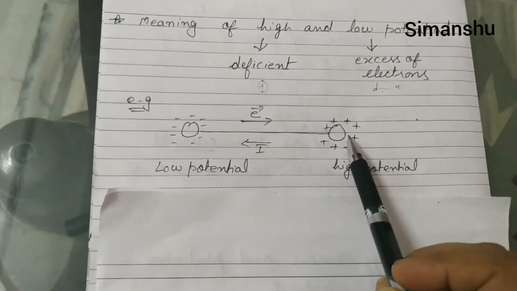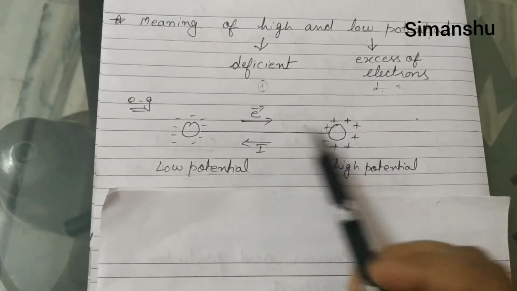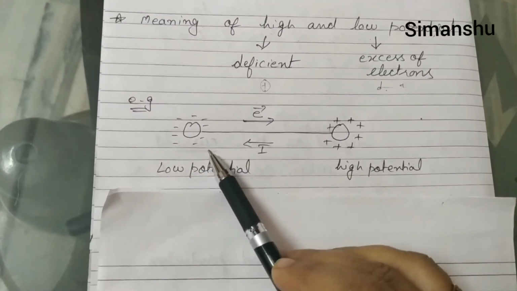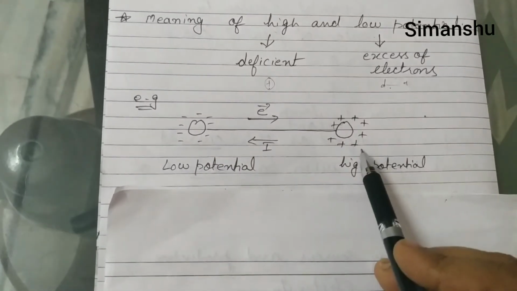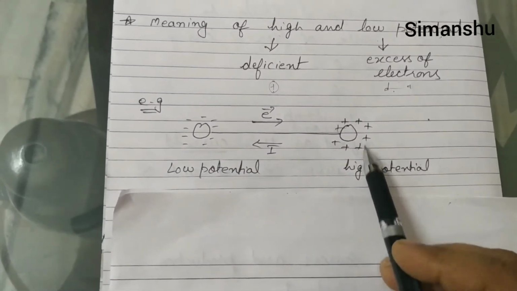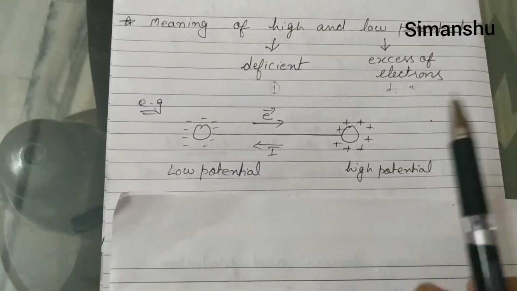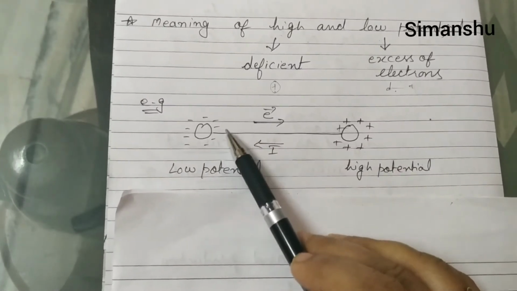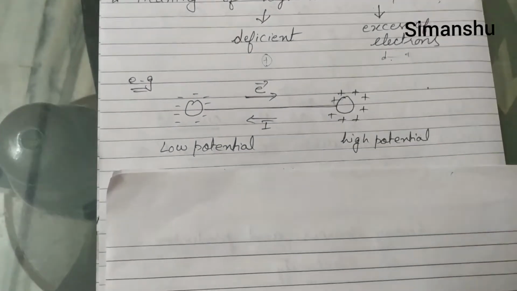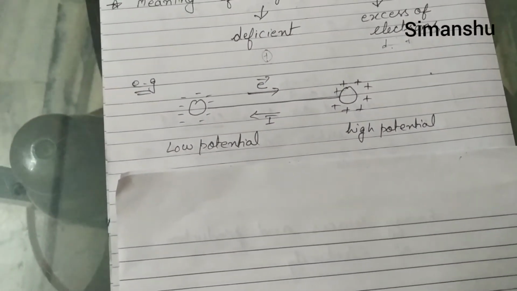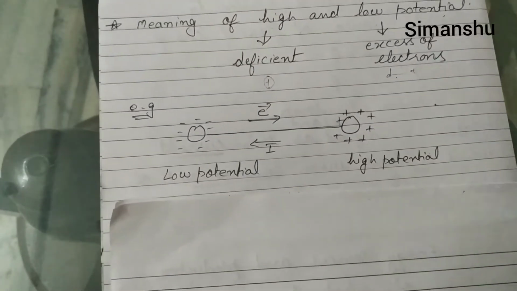Here, with the help of a diagram, I tried to explain it. Here are two bodies. One has positive charge, another has negative charge. So here it is excess of electrons, here it is deficiency. So electrons will move from this side toward that. As we know, positive ions are not able to move. So which thing will move here?